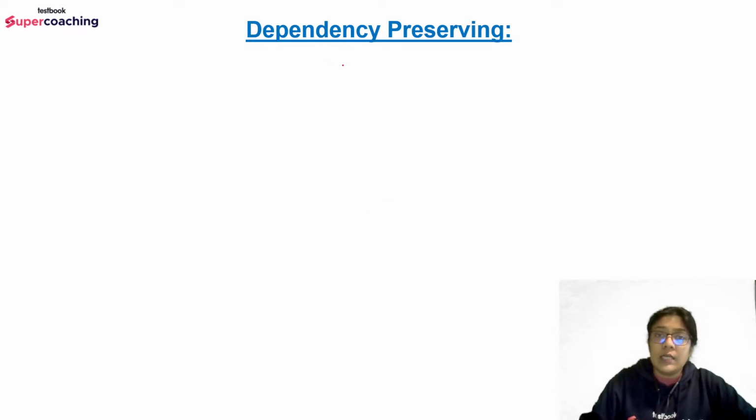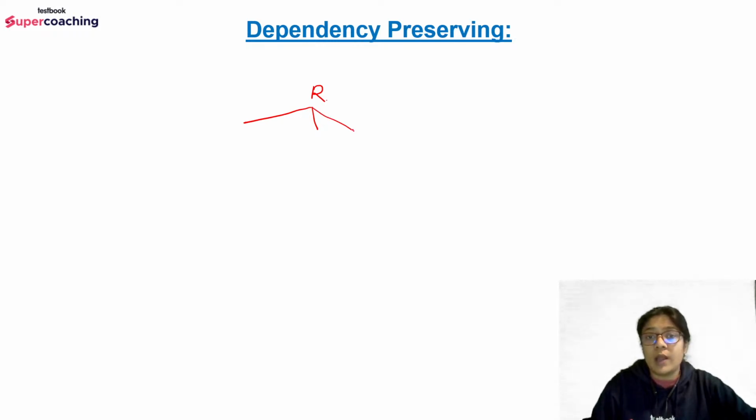So let's consider there is the relation R, original relation R. This relation R is decomposed into the sub-relations R1, R2, R3 and so on Rn.